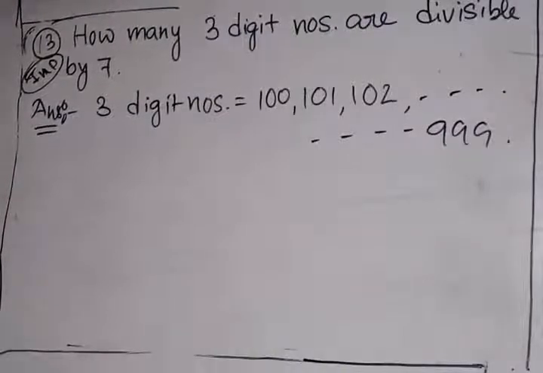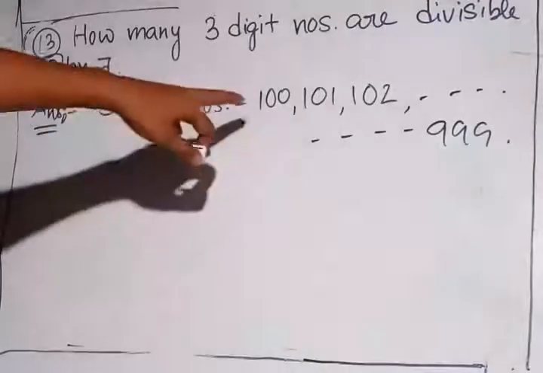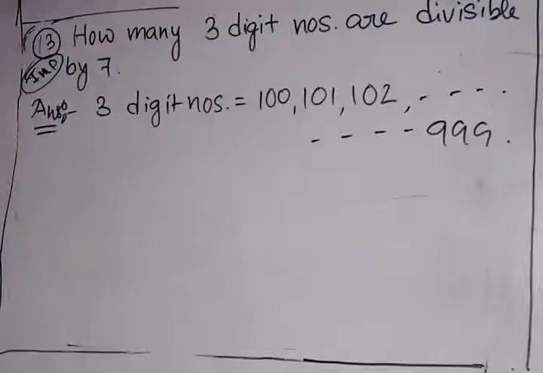Divisible by 7. That means we have to find out the AP of those numbers. So to get this, one very simple trick is there. Let's see whether this 100 is divisible by 7 or not.